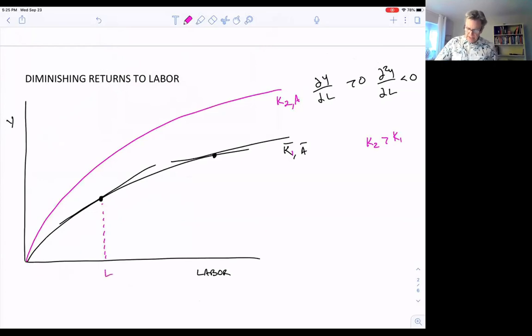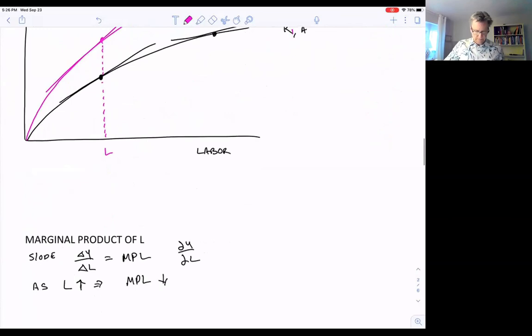At the same amount of labor, you'll be able to see that the slope is higher, meaning the marginal product of labor is higher. So as A increases or K increases, then the marginal product of labor increases.